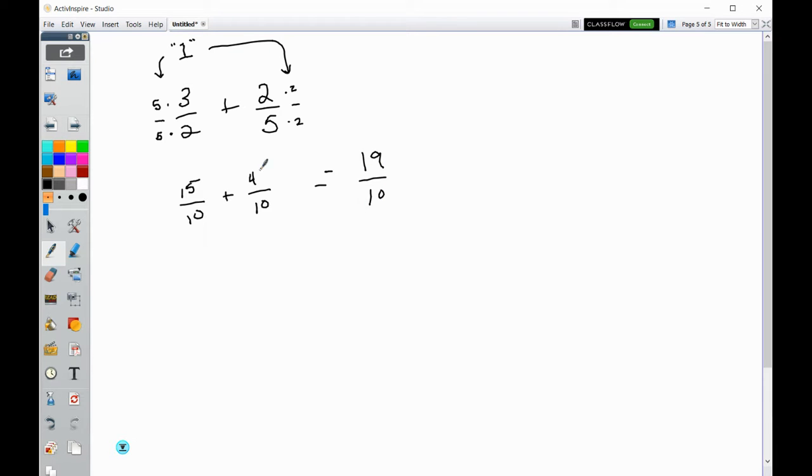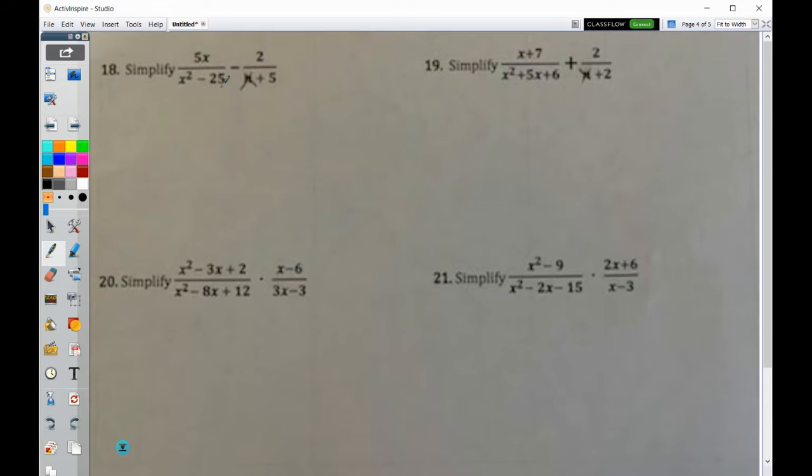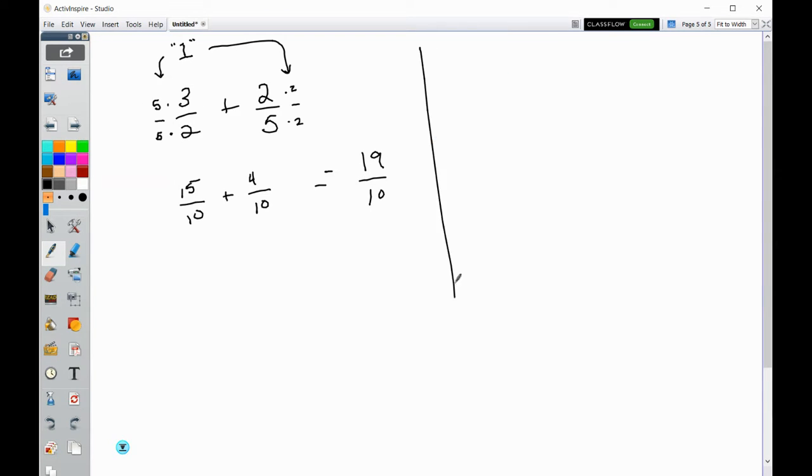This is the basic idea, and this is exactly what you're doing when you do a problem like this. Also notice that if you have a problem like 3 halves plus 2 sixths, not a perfect example, besides the fact that I could simplify it, I would only need to multiply the 3 halves by 3 over 3 because that would give us the common denominator.